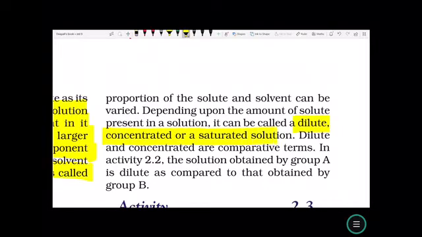So, another way of classifying solution is dilute, concentrated, or saturated. Dilute and concentrated are comparative terms. In activity 2.2, the solution obtained by group A is dilute as compared to that obtained by group B.